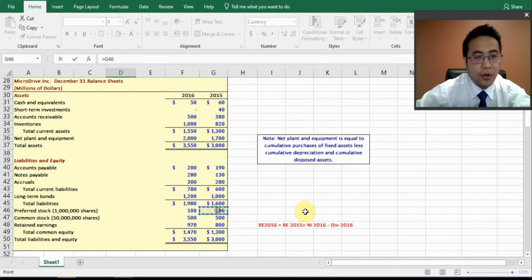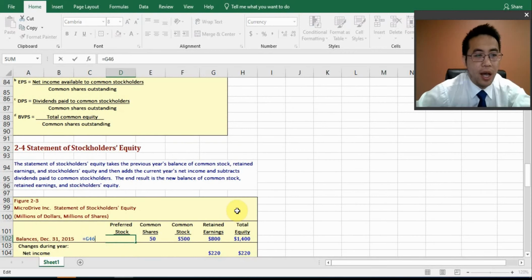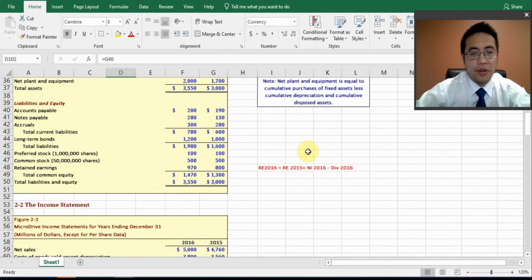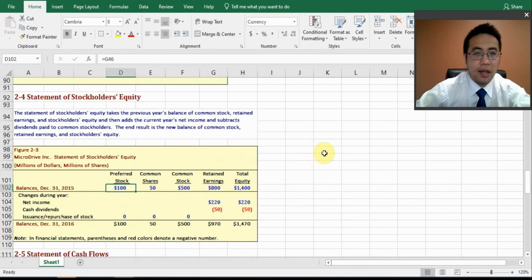So it is 100 preferred stock in 2015, and then hit enter. So there's a formula built behind it. Well, you probably get tired of moving up and down to see the reference cell and then put it in a new location. And here is something I can teach you to do in a more efficient way.